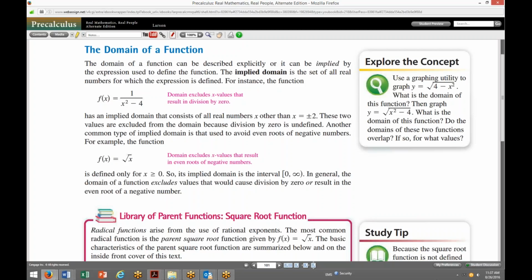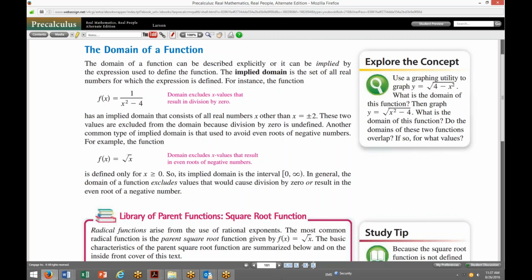As you well know, we cannot divide by 0. So if you have a rational function, then there are certain values of x that are excluded from being in the domain. That is any values of x which would make the denominator equal to 0.